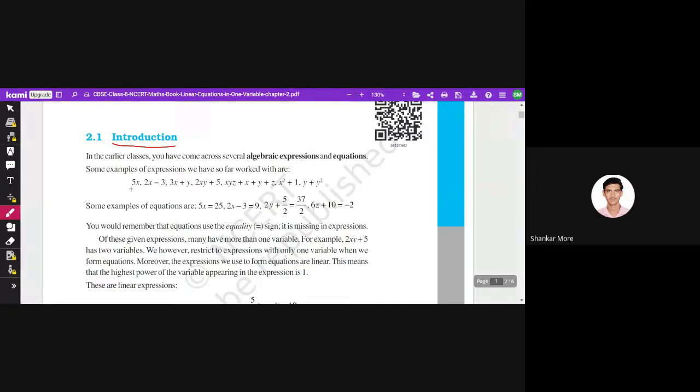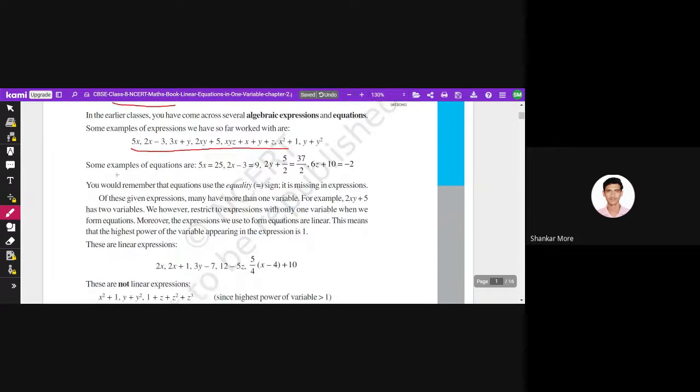Below we have a few examples, and you can see these are examples of expressions, right? 5x, 2x minus 3, 3x plus y. So these are expressions. And some examples of equations are 5x equals 25, 2x minus 3 equals 9, 2y plus 5 by 2 equals 32 by 7, and this one.